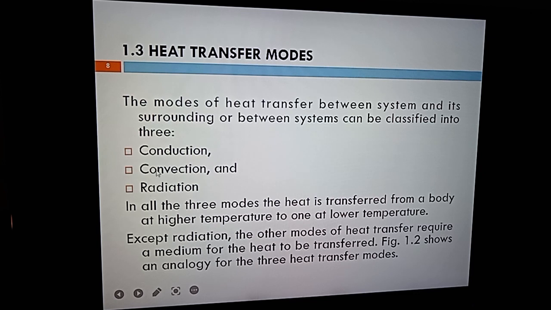The modes by which we can transfer heat from one system to the surrounding are in the form of conduction, in the form of convection, and in the form of radiation. These three ways are the modes of heat transfer.